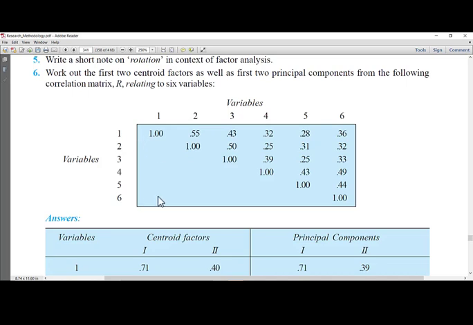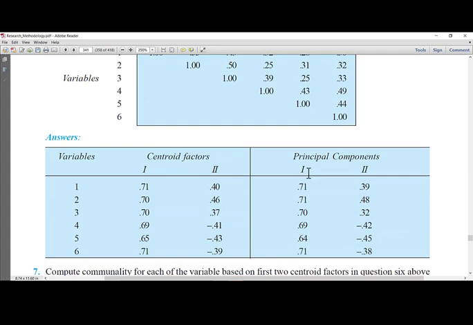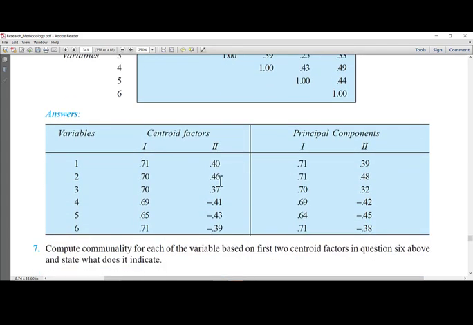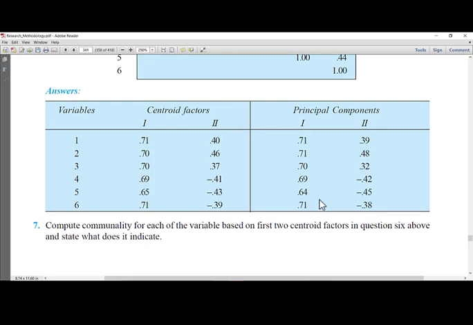So, based on this correlation matrix, there are 6 variables. You calculate 2 centroid factors. Here the answer is given. You can tally your answers with this. Similarly, you calculate the principal components. Here answers are given. You can carry on the exercise and compare your answers with the answers given in this chapter.